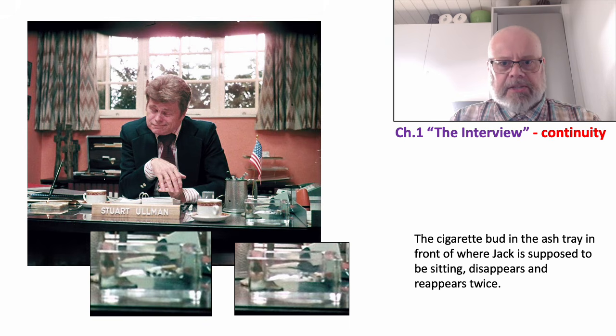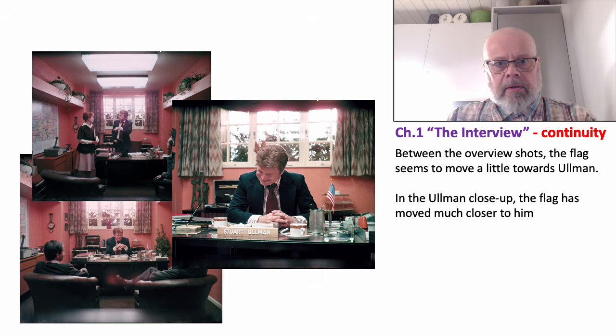The cigarette butt in the ashtray in front of where Jack is supposed to be sitting disappears and reappears twice. Between the overview shots, the flag seems to move a little towards Ullman. In the Ullman close-up, the flag has moved much closer to him.